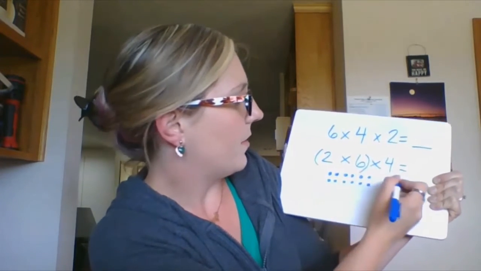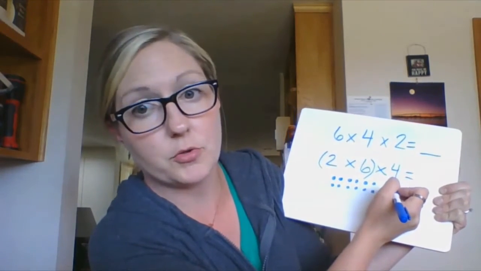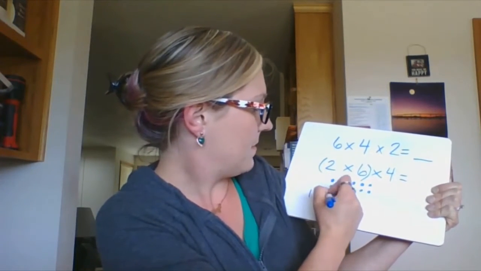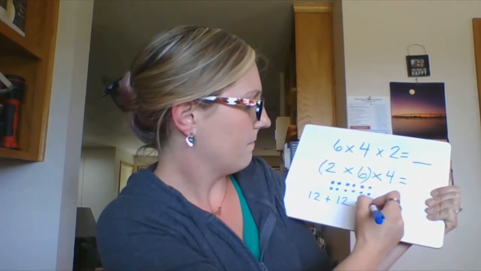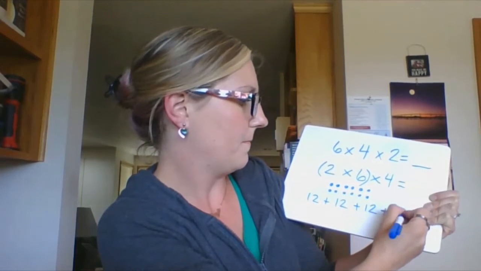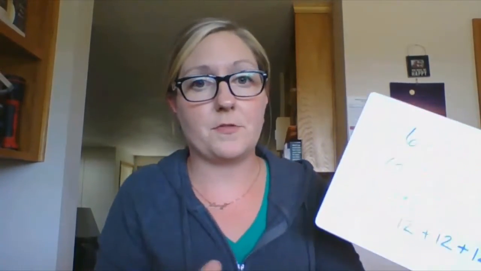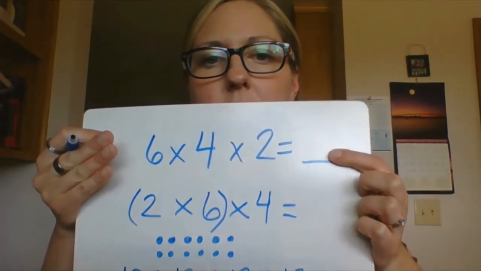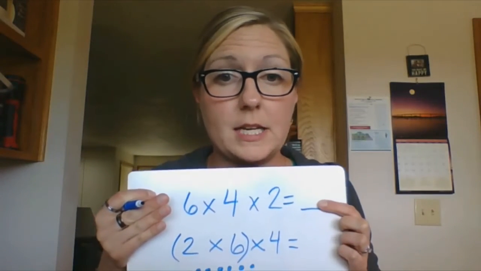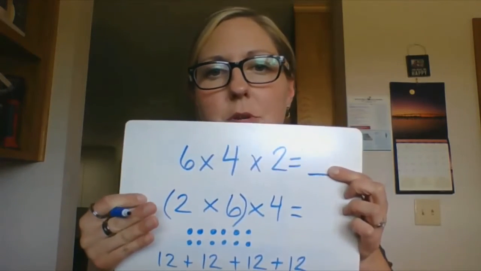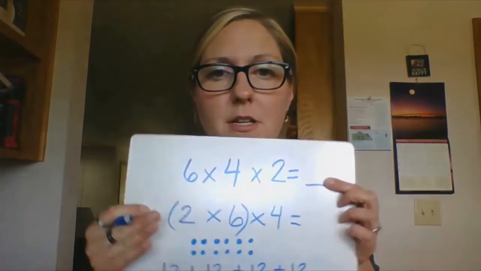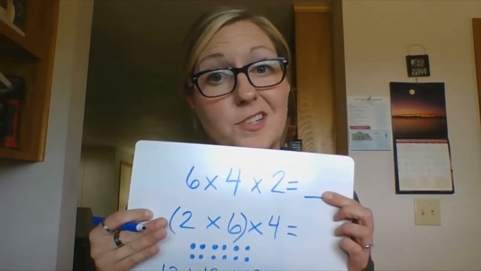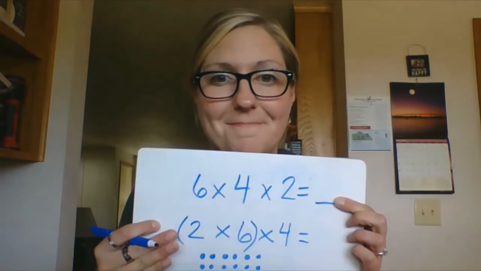And now I can think about a strategy for figuring out 12 times 4. It might be a little bit easier, like maybe doing repeated addition and adding 4 12s together. So the main purpose of showing you this is just so that you know that if the first way the factors are written looks a little bit intimidating or tricky, I can also think about how I can rewrite the equation and move the factors in a different order to be a little bit easier, and so that I can feel a little bit more successful with getting started with that first step.